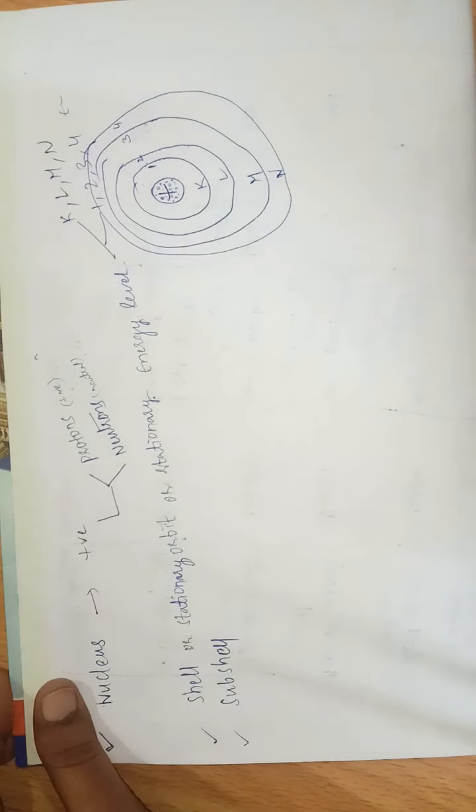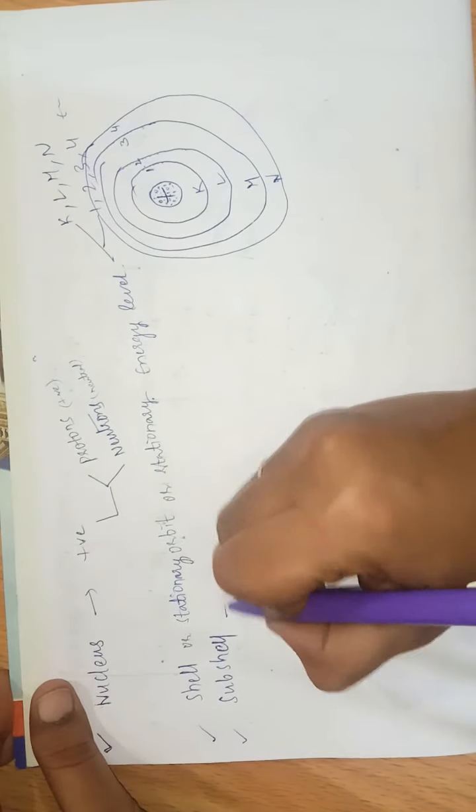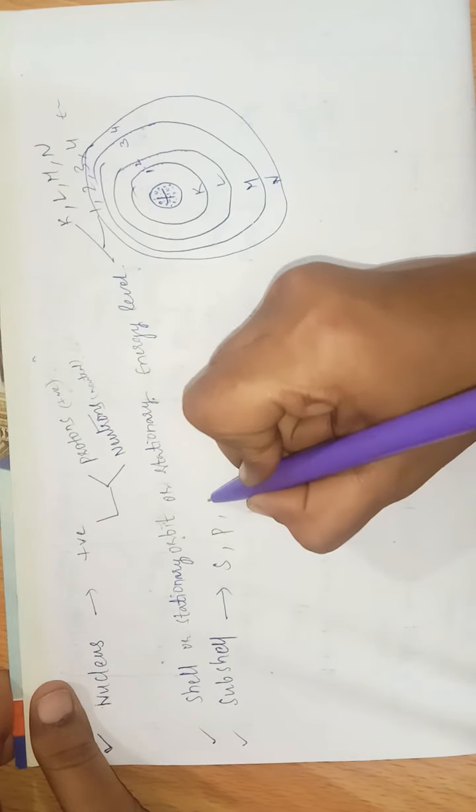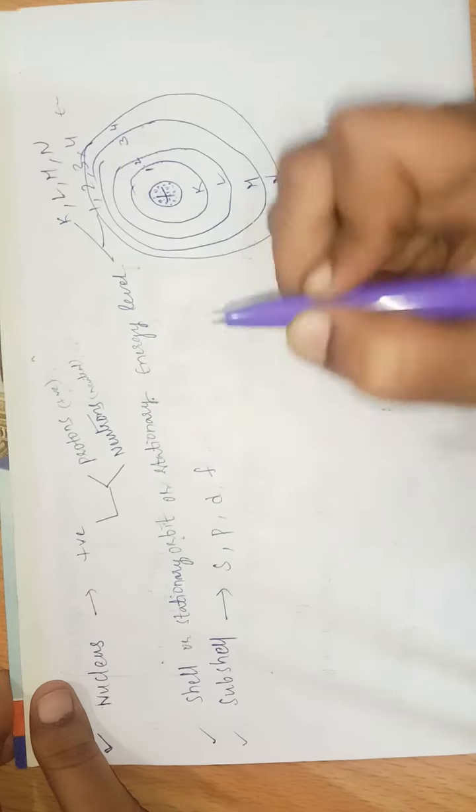And subshell means s orbital, p orbital, d orbital, f orbital.